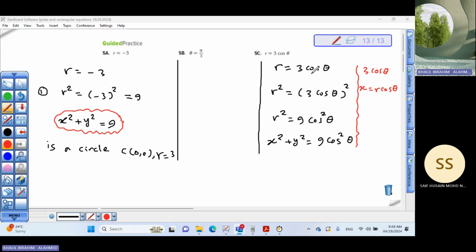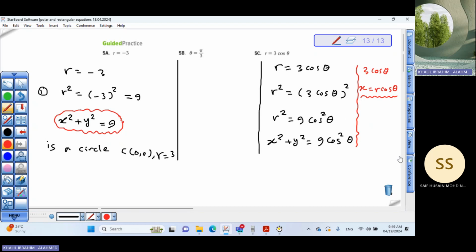The last example, yesterday I started it to give the students something to think about. I gave them this hint: x equals r cosine theta. Here we have r equals 3 cosine theta. We can use this method, squaring both sides.